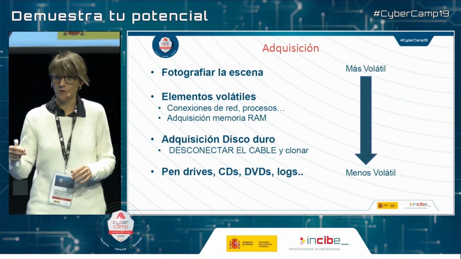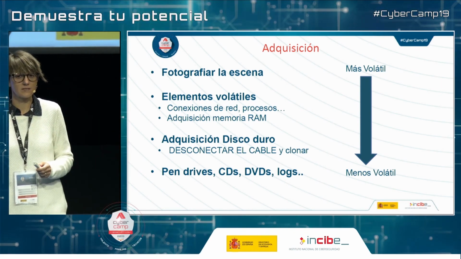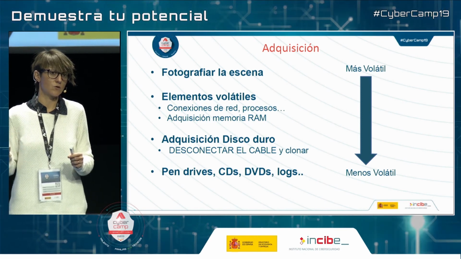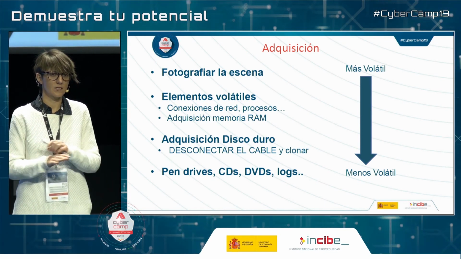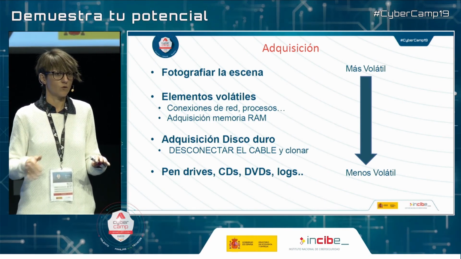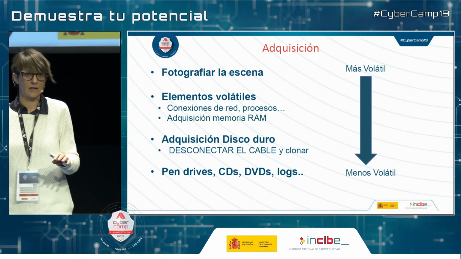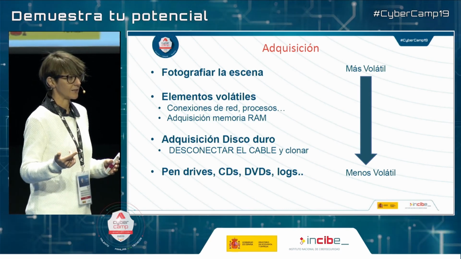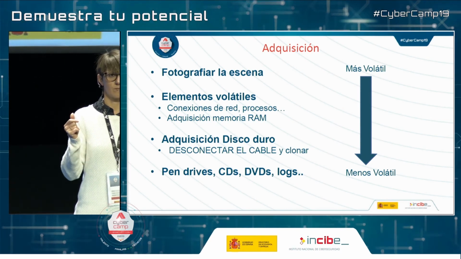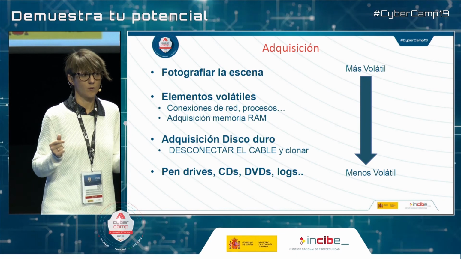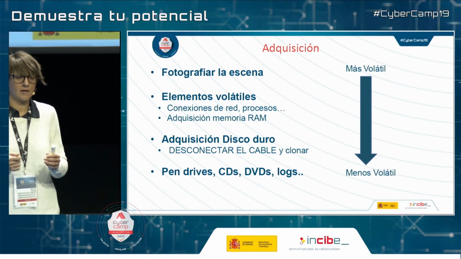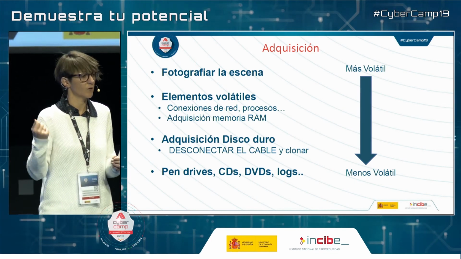Because if we shut the computer down in the usual way, then the system starts writing many things on the drive, and that's what we don't want, because we want the system exactly as it was when we found it. We don't want it to be overwritten, or for example, when it comes to malware, if it detects that the system is going to be shut down, it eliminates itself and we lose it. So we have to just unplug.